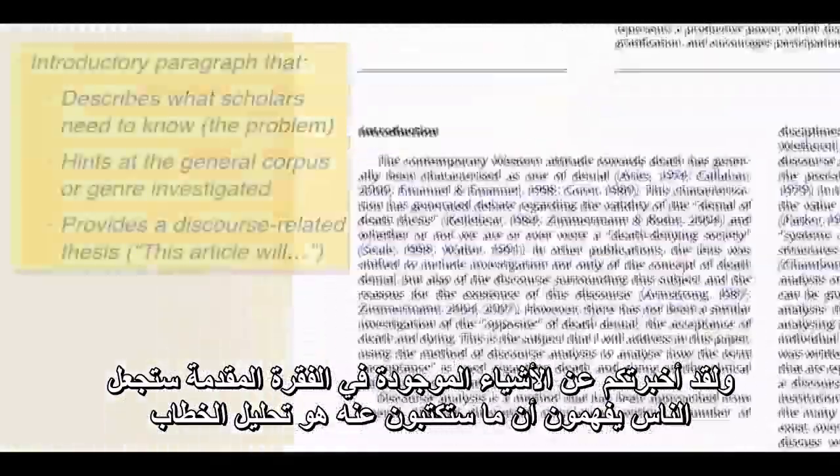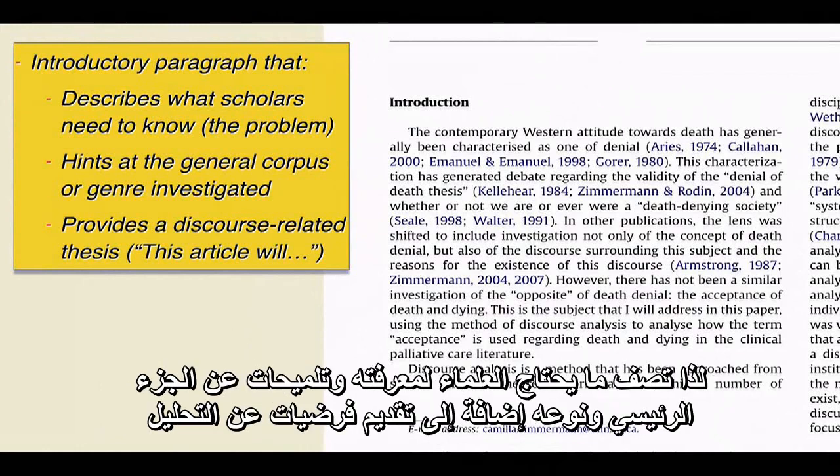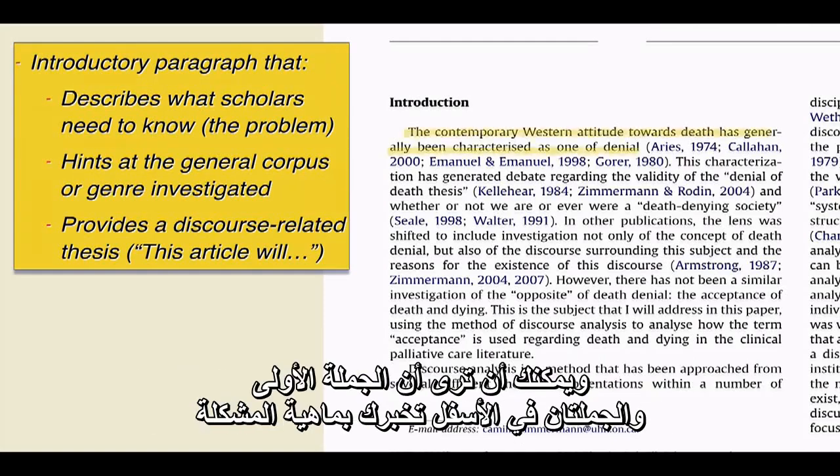Now, I also told you that you want to have things going on in your introductory paragraph that help people understand that discourse analysis is going on. So it describes what scholars need to know, hints at the general corpus or genre investigated, and provides a discourse-related thesis. And you can see that here.